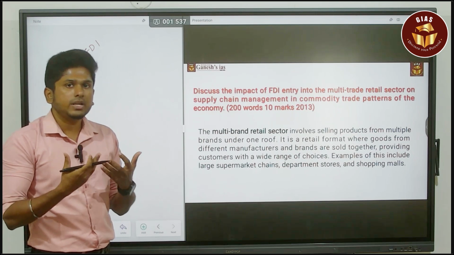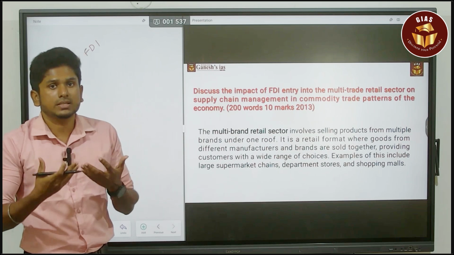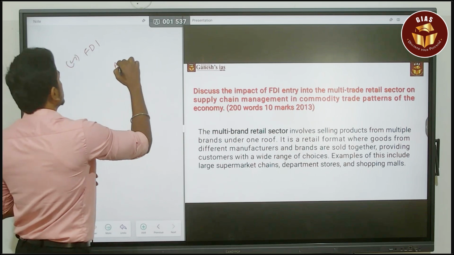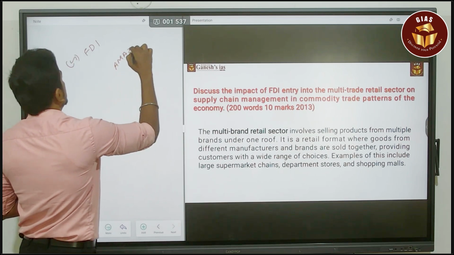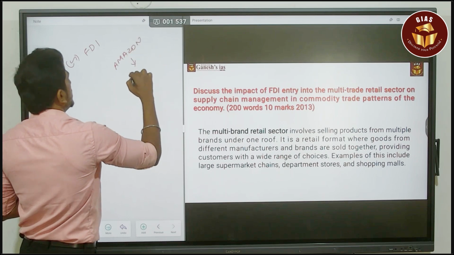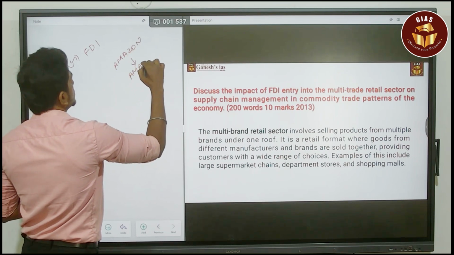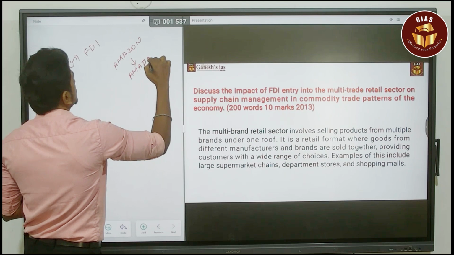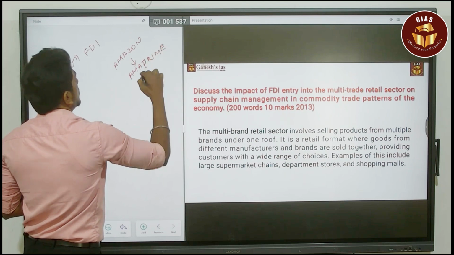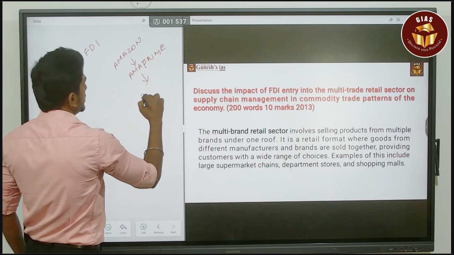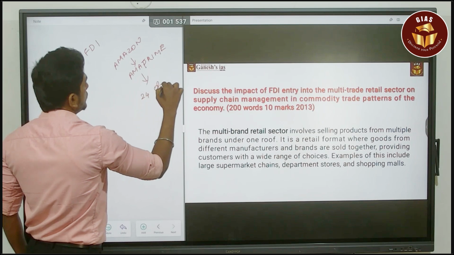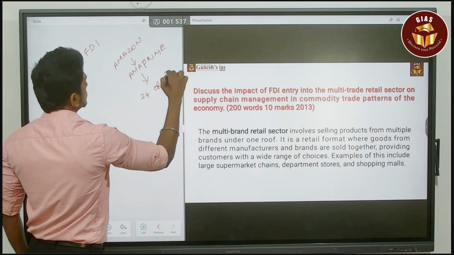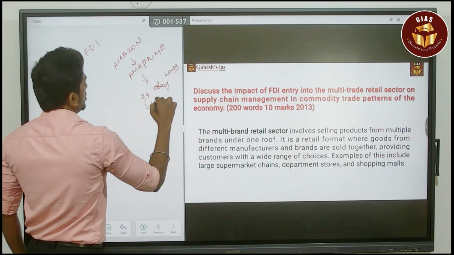That creative idea is going to help the consumers. For example, Amazon has something called Amazon Prime. If you hold a Prime account, you will get a 1-day delivery, or a 24 hours delivery.